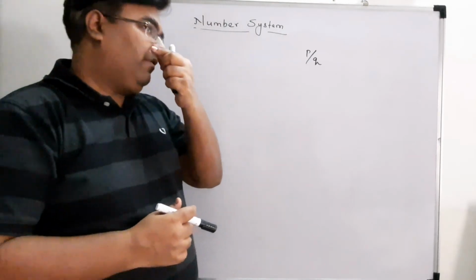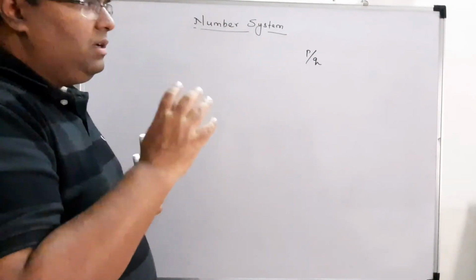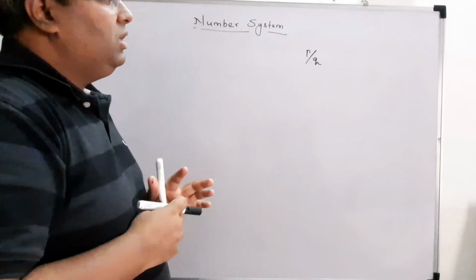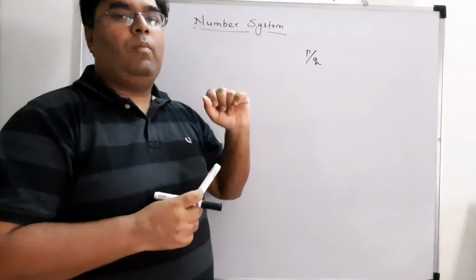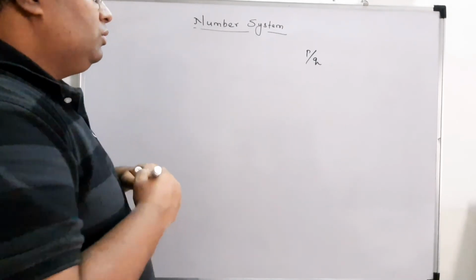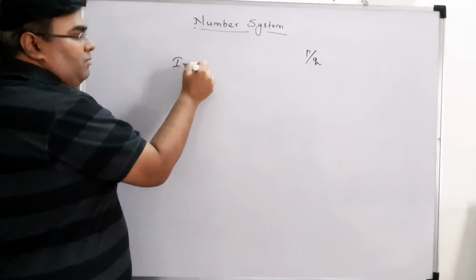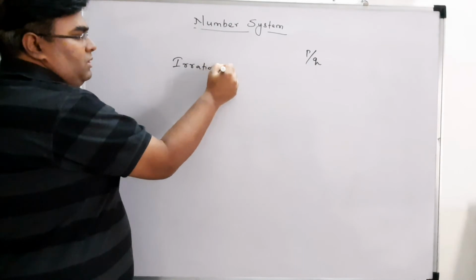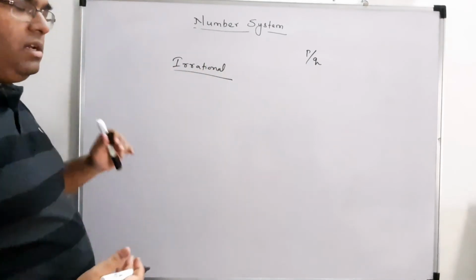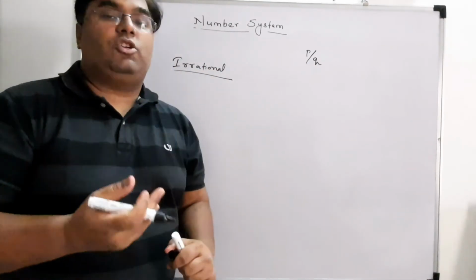Yes, we have. There are still some numbers which we cannot make in the form of P by Q. Those numbers are called irrational numbers. Since they are not rational, they are called irrational numbers.